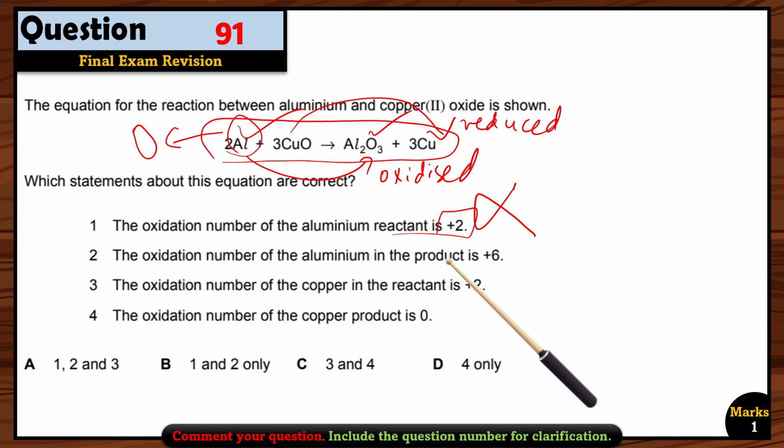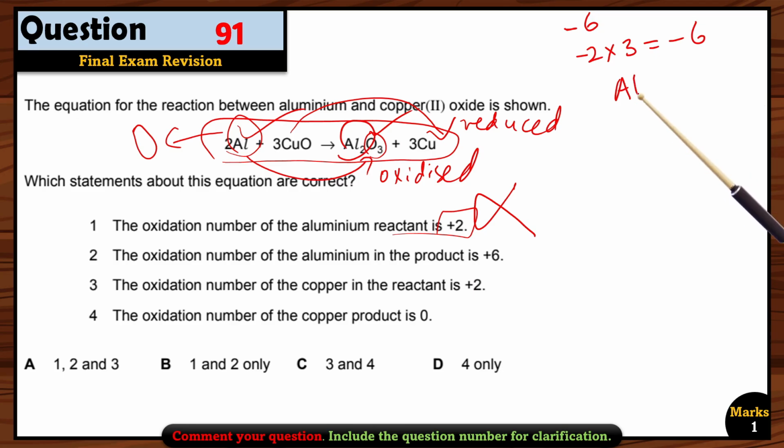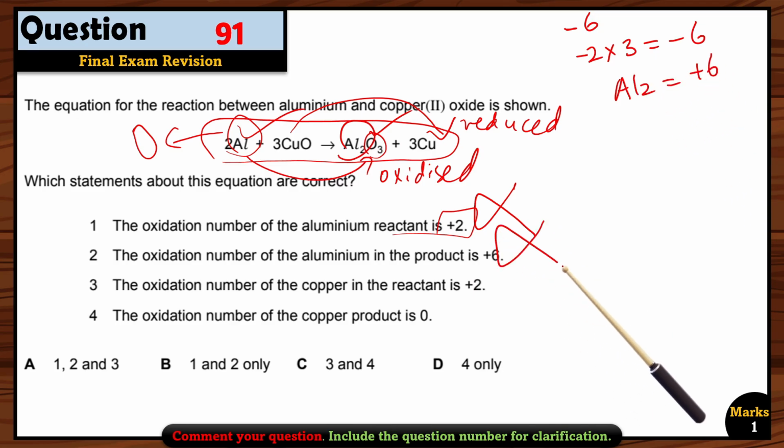Okay. Let's see what the oxidation number of aluminium is. In O3, oxygen has an oxidation state of -2, so -2 times 3 is equal to -6. So Al2 is +6, right? But this option is wrong. Why?